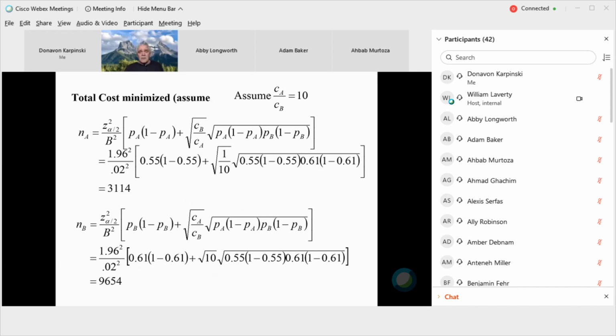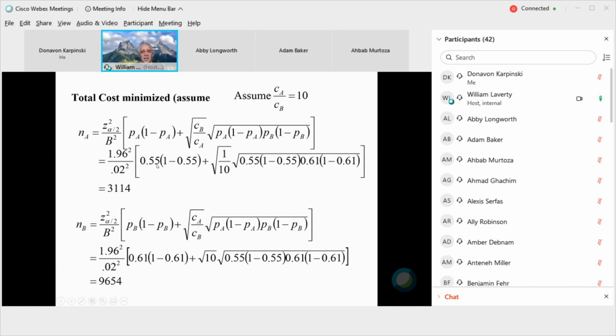Suppose that it's much more costly to choose observations from population A than from B. Suppose CA over CB is 10%. Then the sample sizes that would minimize the total cost of the experiment, this is the formula for the sample sizes.